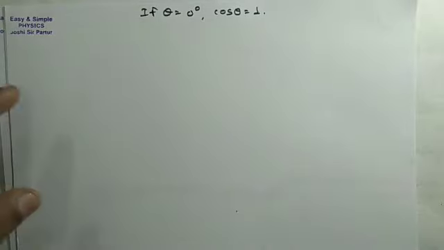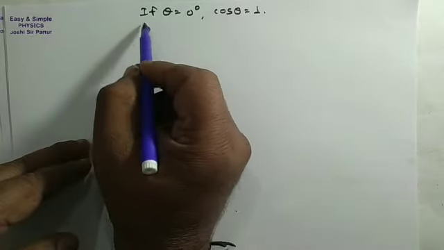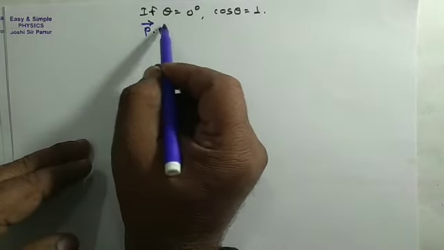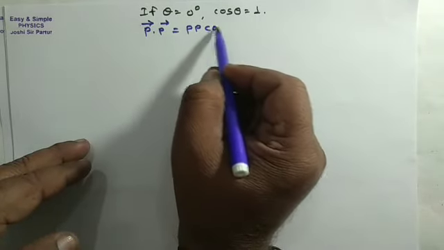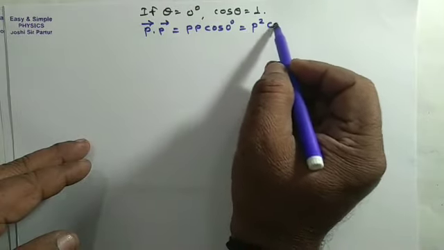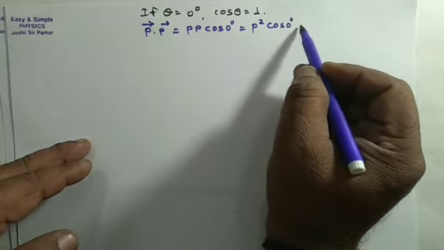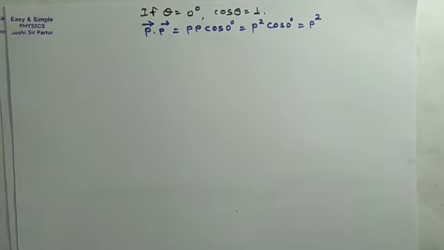So the scalar product of a vector with itself, vector P dot vector P, will be P squared cos of 0 degrees, which is equal to the square of its magnitude.